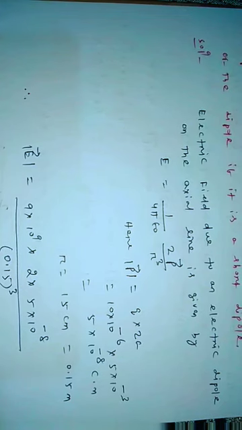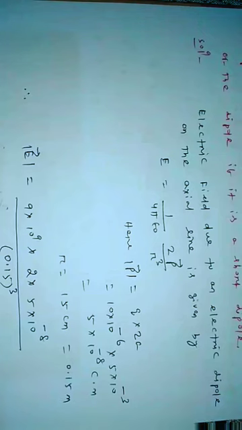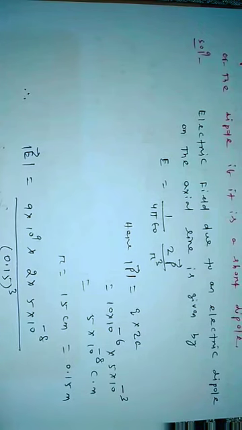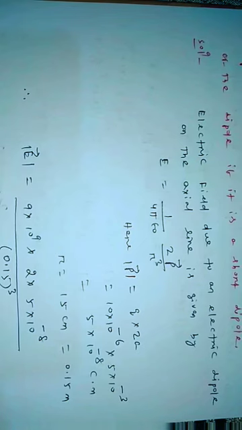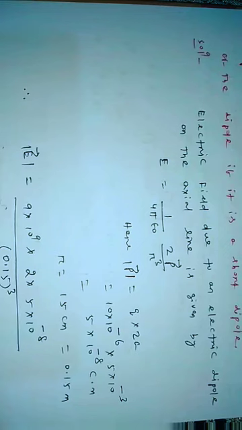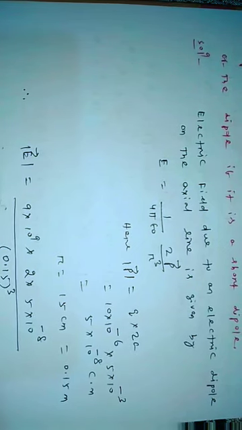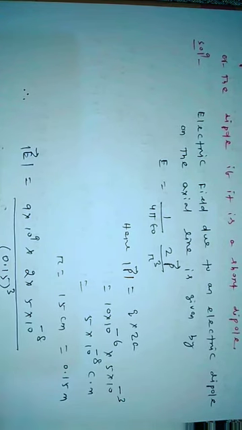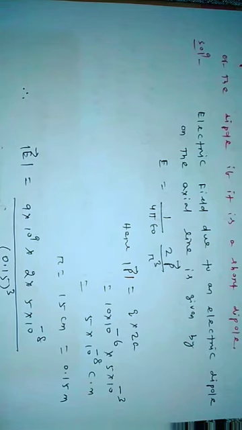When you solve it, you will get 2.6 into 10 to the 5 Newton per coulomb. So the value of E is found to be 2.6 into 10 to the 5 Newton per coulomb.